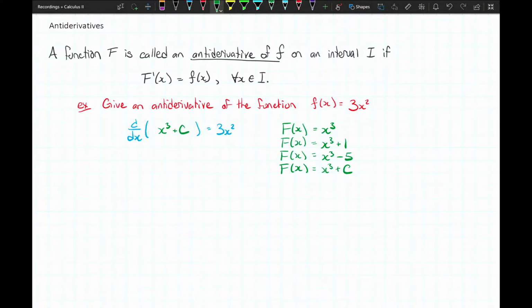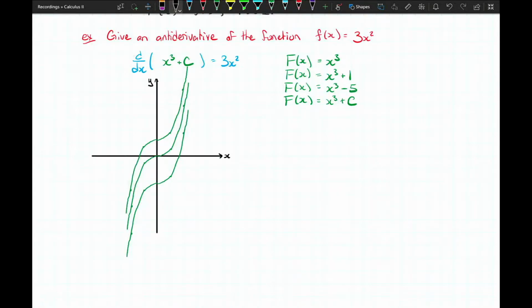And actually, it might make sense intuitively, since a derivative gives the rate of change of a function, and all of these have the same shape as the graph of x cubed, just shifted up or down. You can kind of see this from a graph. Here, I've taken the graph of y equals x cubed and scaled it so it can more or less fit on my page.